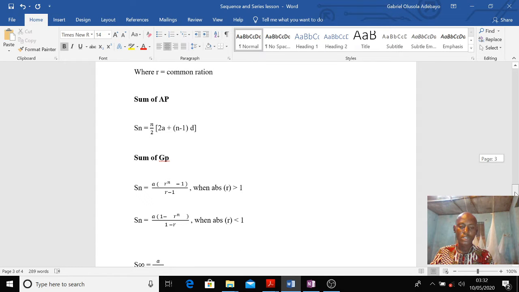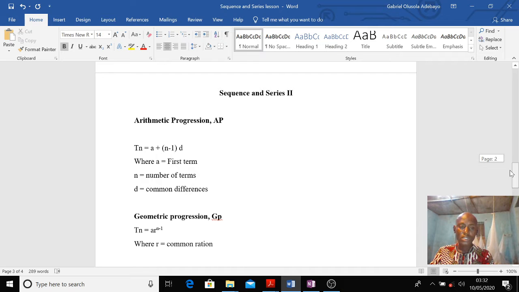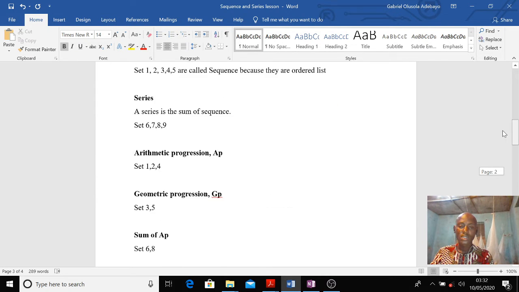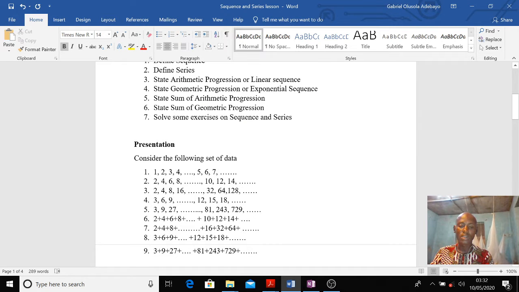The reason why we use the formula for arithmetic progression is that when you have this set of data and you are asked to find, look at this set: 2, 4, 6, 8.